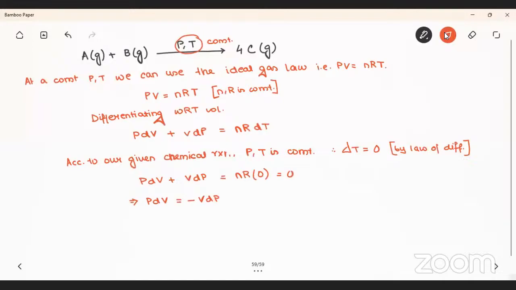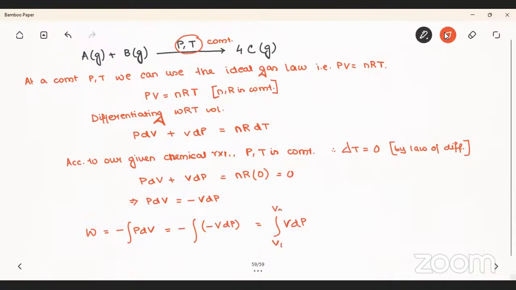Now, what is the general definition for work done? W is equal to minus integral P dV. Good. I am just replacing the formula. So what I told in the question is that pressure and temperature are constant, so our volume is variable.